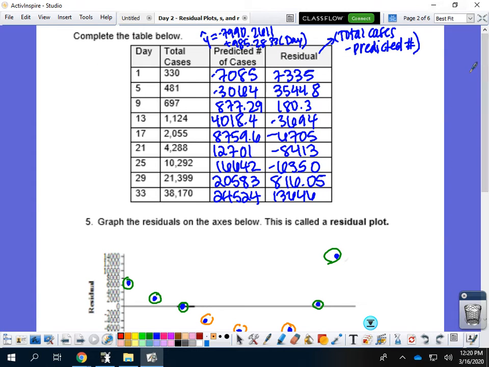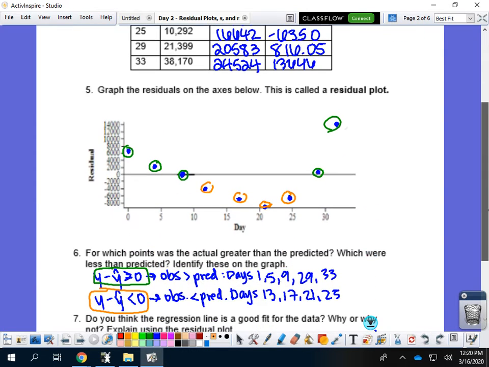To plot them, we already gave you the graph. The line y equals 0 is in the middle usually, because that would be where the residual would have been a perfect prediction. This is called a residual plot.